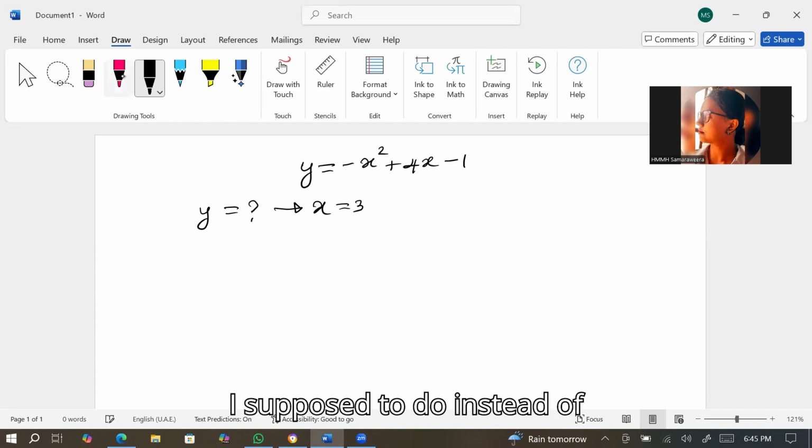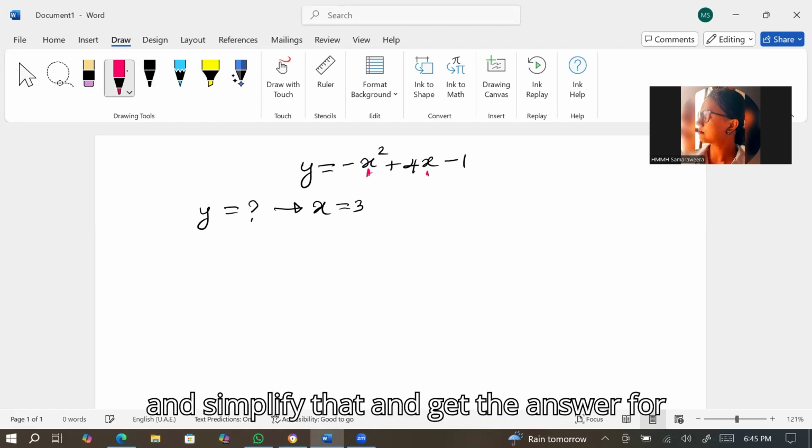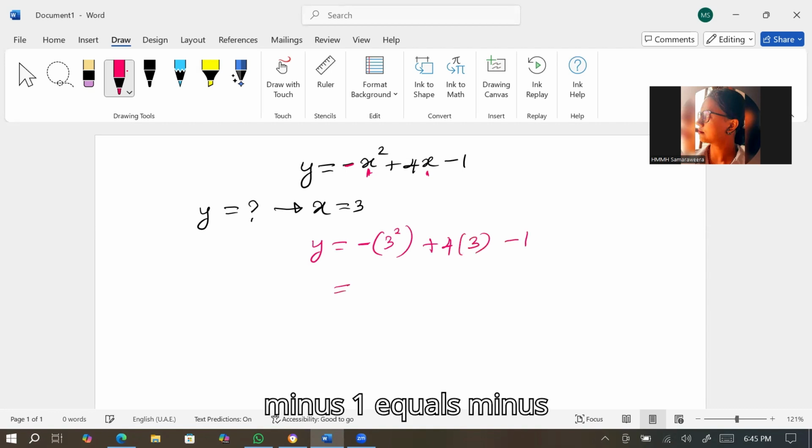So what I was supposed to do is replace x with 3, simplify that and get the answer for y. So y equals minus 3 squared plus 4 times 3 minus 1, equals minus 9 plus 12 minus 1.